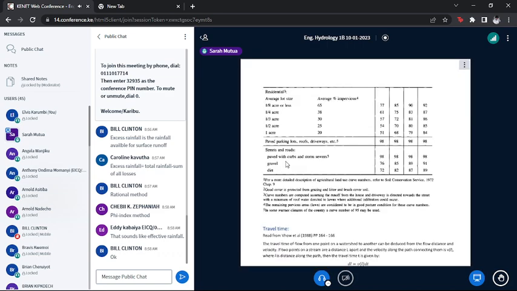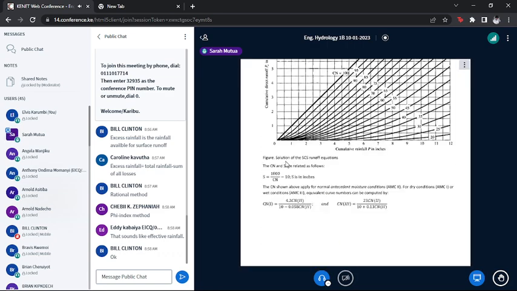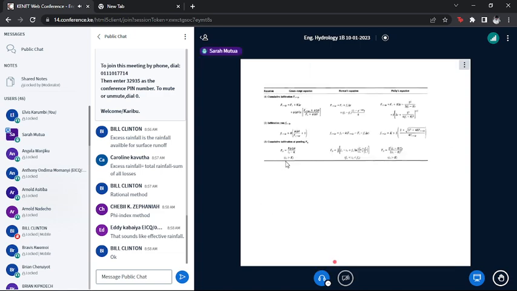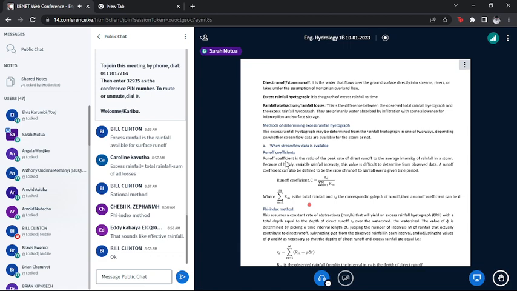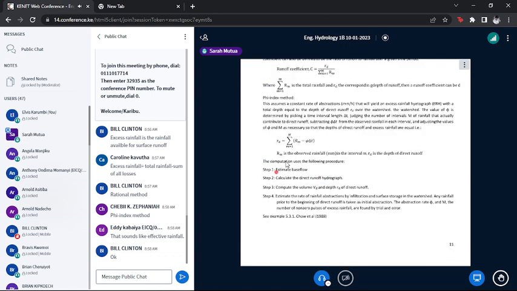Now, in the case when you have stream flow data, like in this case, first you have to estimate the base flow from the discharge, and then subtract the base flow from the discharge, so that you can calculate the direct runoff hydrograph. And then after that, you can apply the method.